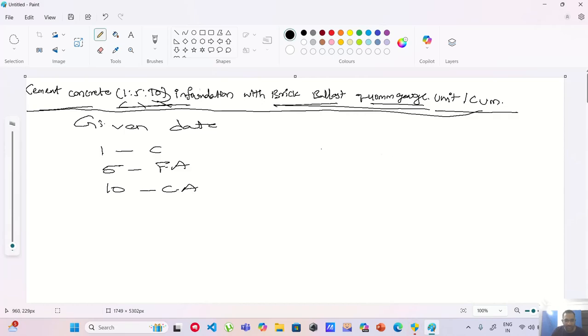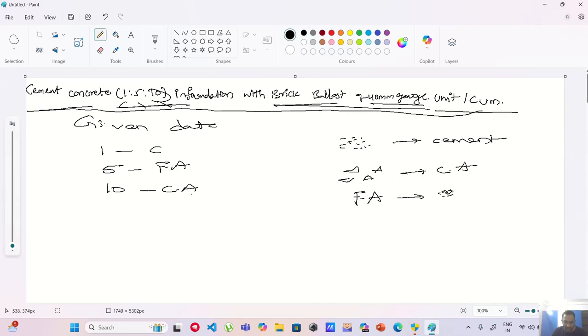So for example, this is the cement particles, and this is coarse aggregates, and this is fine aggregates.